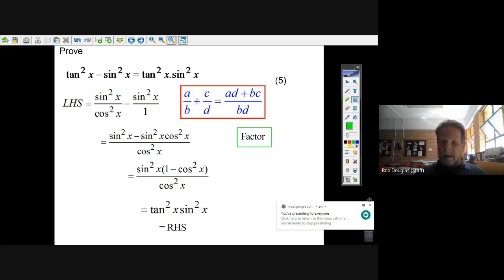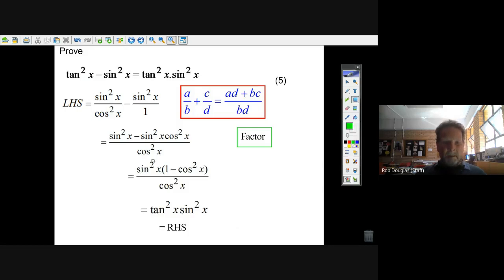So if I look at what's in both of these things, I see sine squared goes into both. I can write it down once, and now go sine squared times 1 gives me sine squared. Sine squared times cos minus cos squared gives me minus sine squared cos squared. So I factored out sine squared.